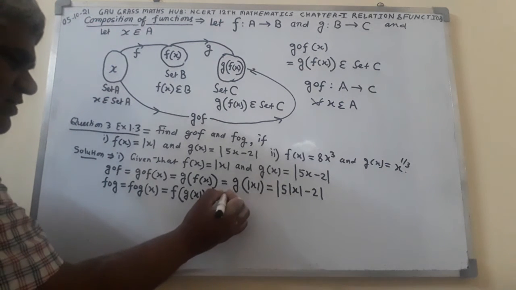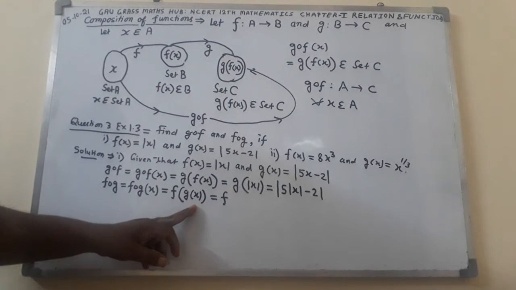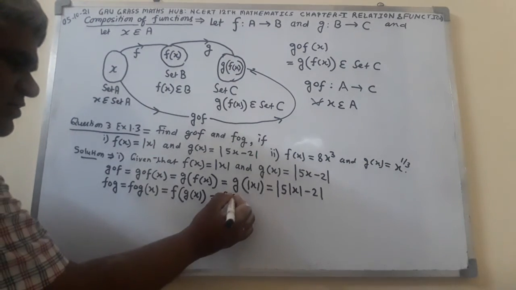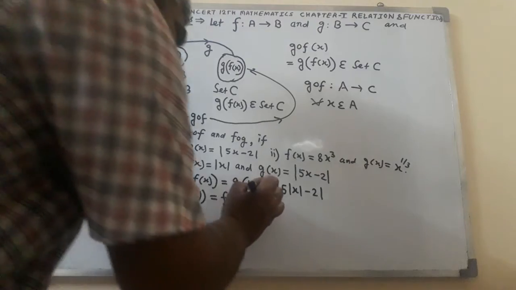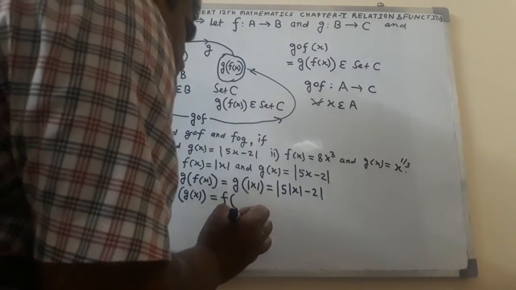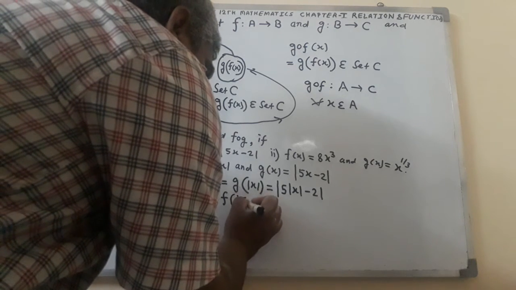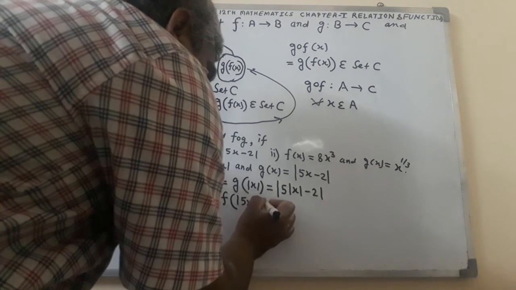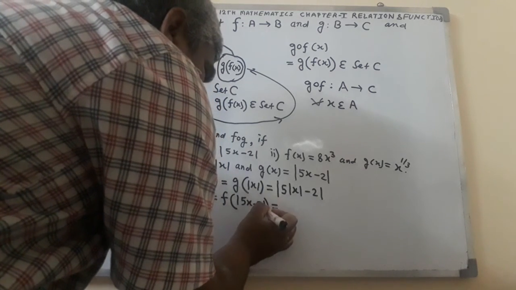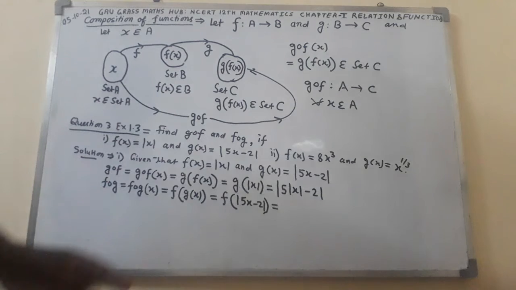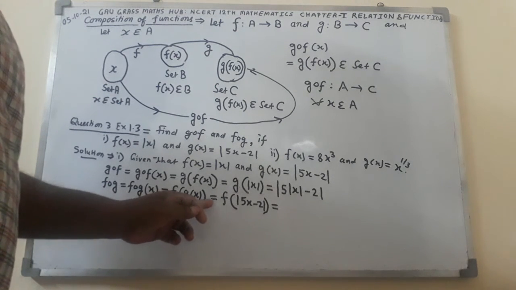Again I shall write f, in place of g of x, g of x equal to this one. So here write 5x minus 2. f of g of x equal to f.